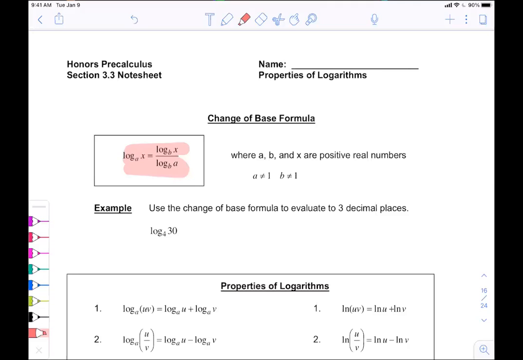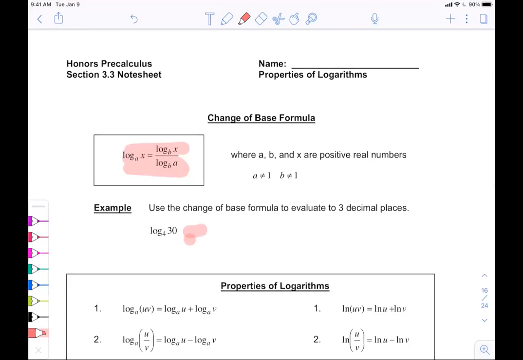What the calculator is really doing, just so you understand how the calculator is working, it's really taking the log of 30 divided by the log of 4. That's the change of base formula. So that's what's in the calculator already. The base here is really a little 10. That is called the common log. And that's the one that usually is just embedded in your calculator next to the number 7.